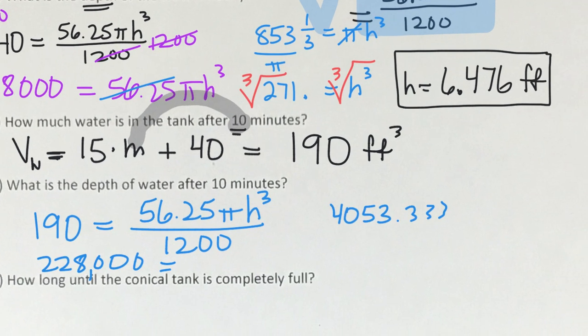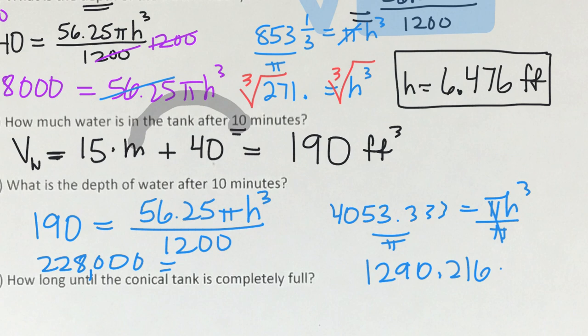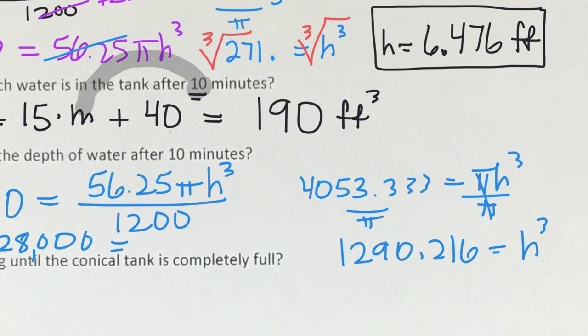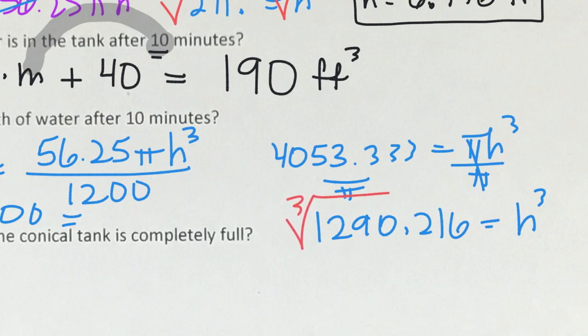That equals pi h cubed. Now I'm going to divide by pi, and I get 1290 and change, 0.216 equals h cubed. My last step algebraically is to take the cube root.